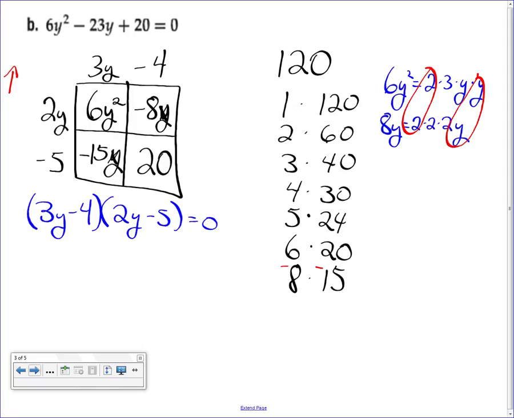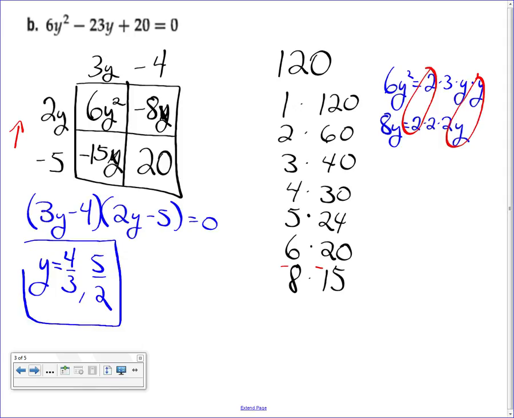And so from that fact, we know that y either has to equal, we've got a minus, so this is going to be positive, 4/3. So y equals 4/3. On the other hand, we can look at this second one. y equals a positive 5/2. Okay, and there are your solutions for that polynomial.